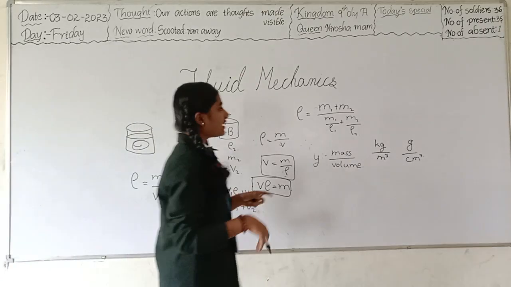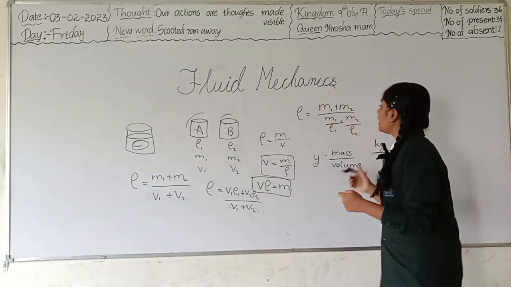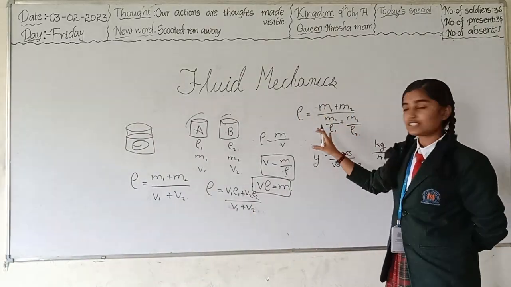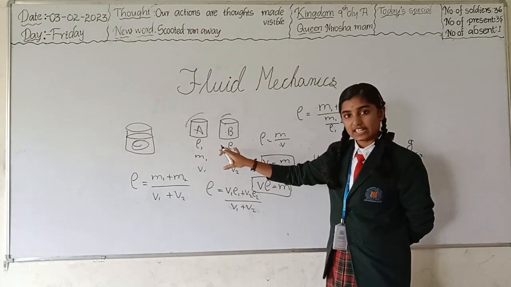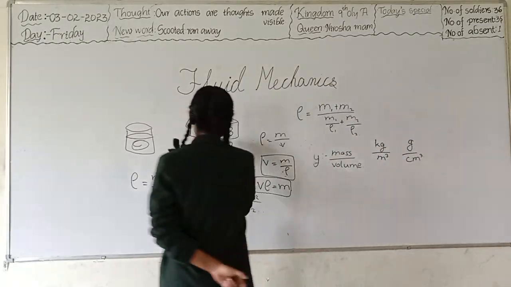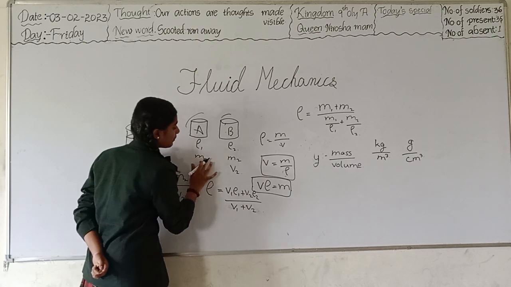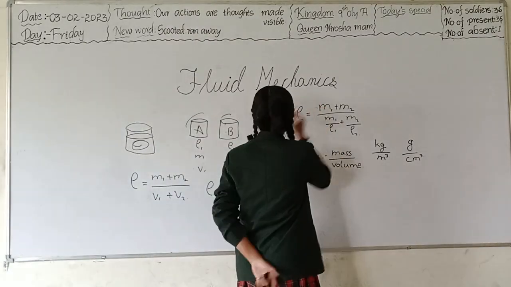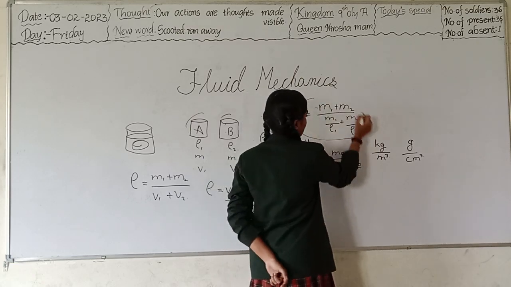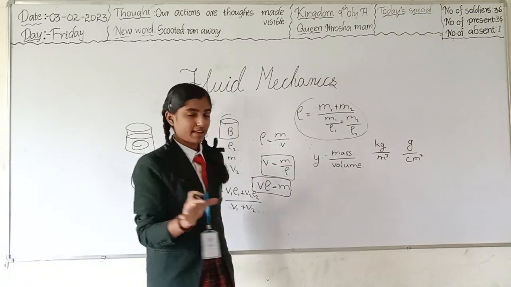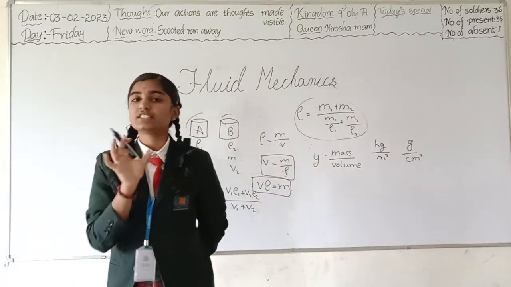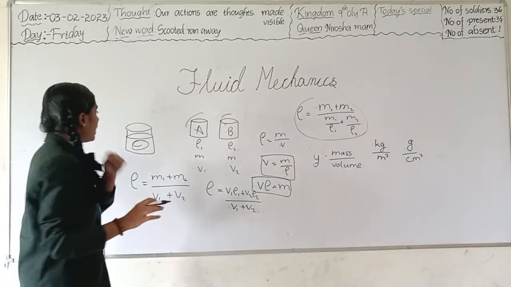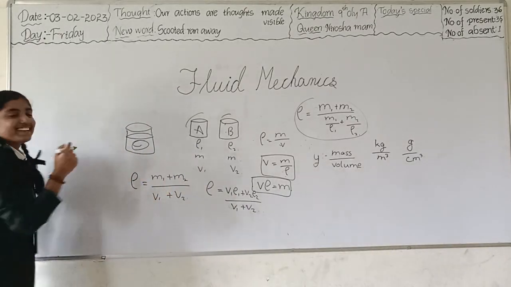And still, let me go a further step. If the masses are the same in these two substances, then we take the mass just as M. Let me apply this in the first case. If the masses are the same and we know the masses and just the densities, but not the volumes, how do we solve it?